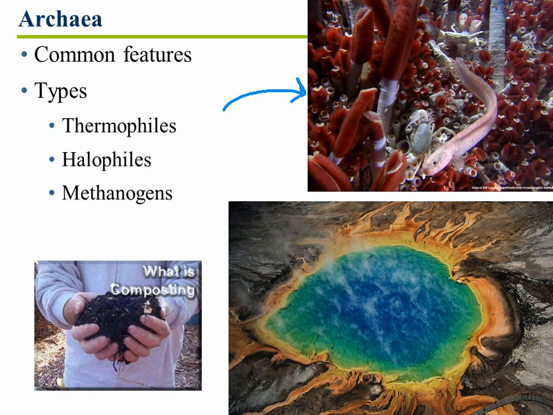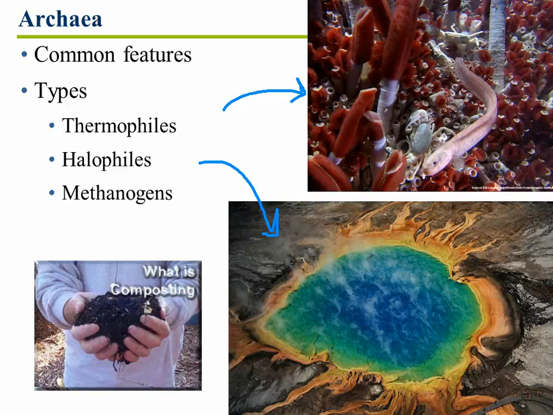At the bottom, again, another example of where you might find archaea of the thermophilic type. You're looking at about half a mile up above Yellowstone National Park. It's highly volatile there. There's a big volcano under Yellowstone, lots of boiling pots, geysers, boiling lakes.